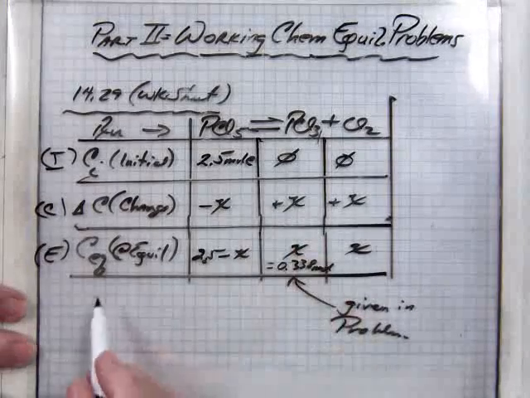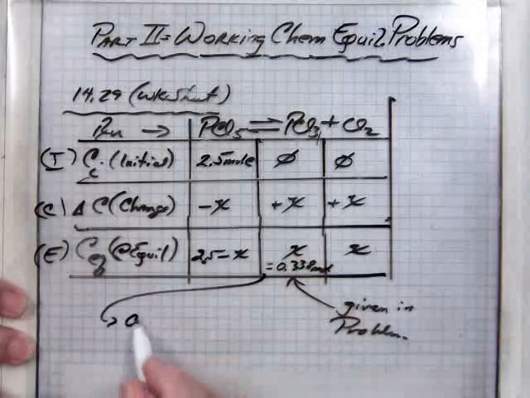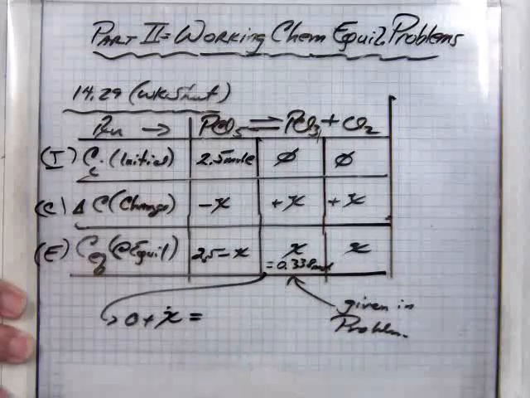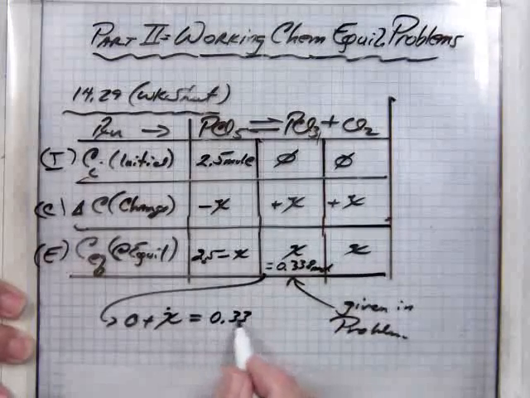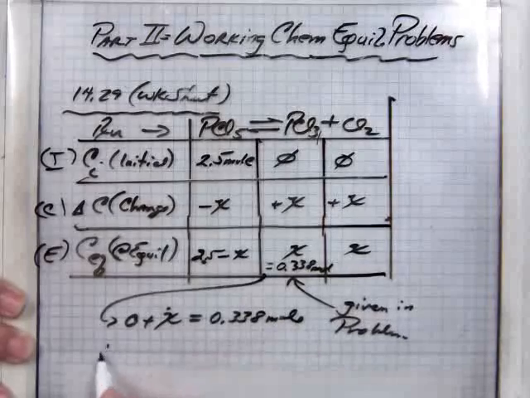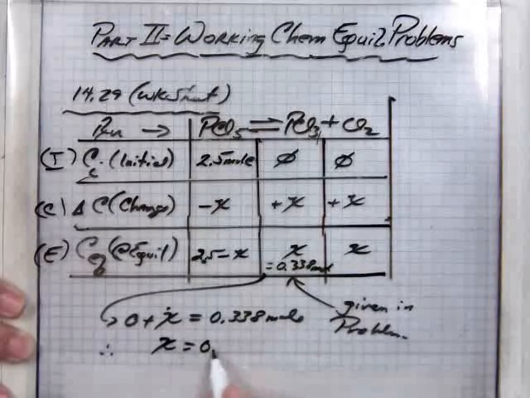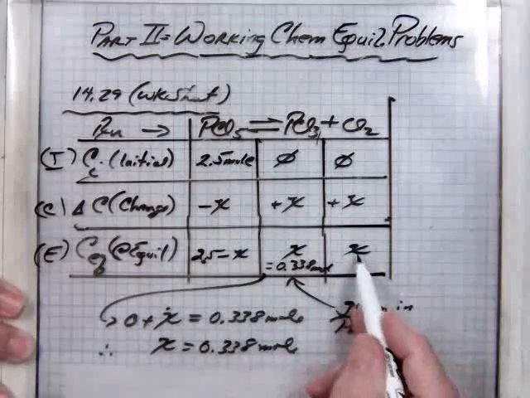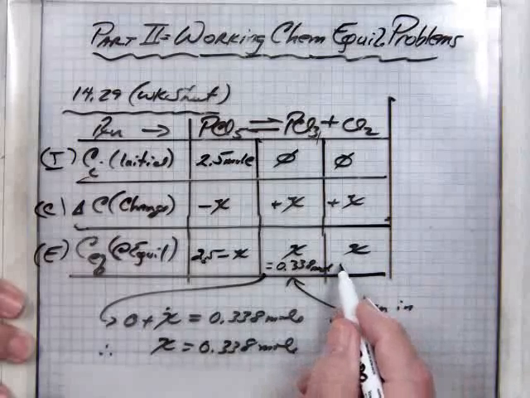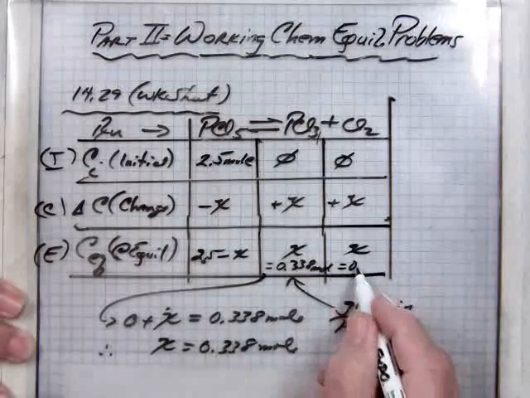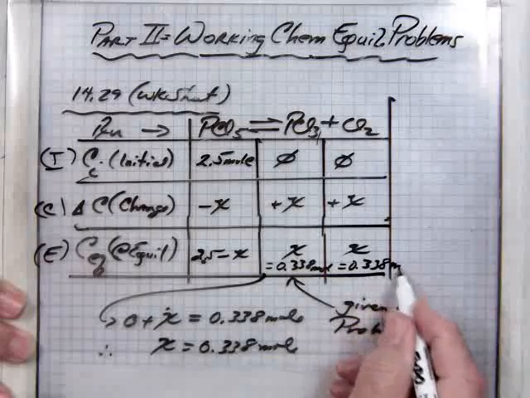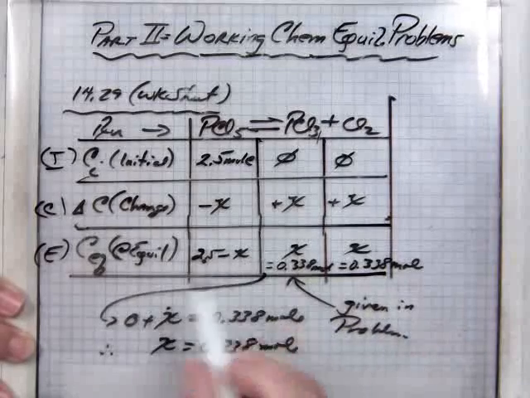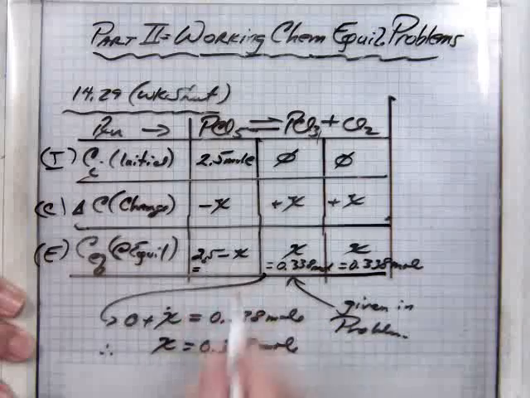So from this, we get 0 plus x is equal to 0.338 mole. Therefore, x is equal to 0.338 mole. So that means I can come in here under the chlorine and enter 0.338 mole at equilibrium, and subtract the 0.338. I'm running out of space here.